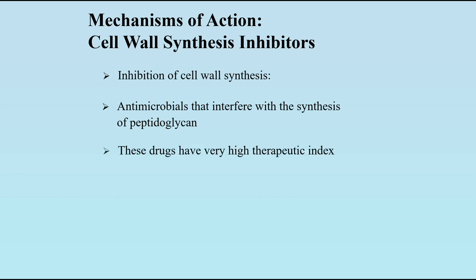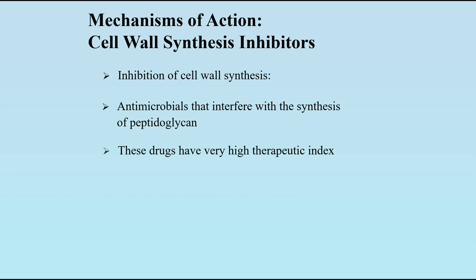So these drugs, which are cell wall inhibitors, have a very high therapeutic index. High therapeutic index means that these drugs are required in a very low quantity, but still they are very effective, and that's why a small amount of the drug given to a patient has a very enormous effect, and that is how the therapeutic index is calculated.